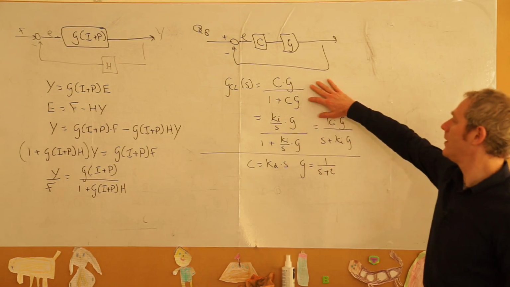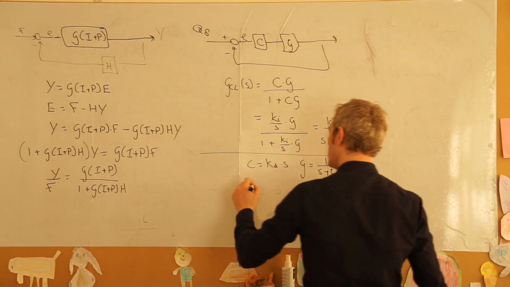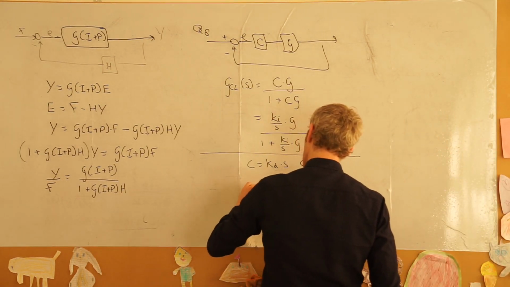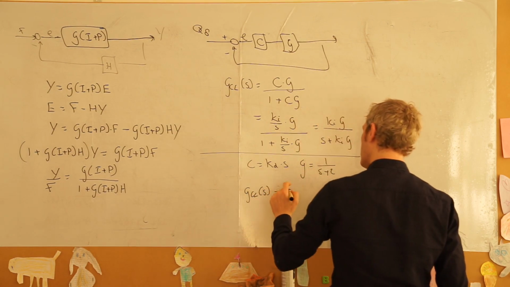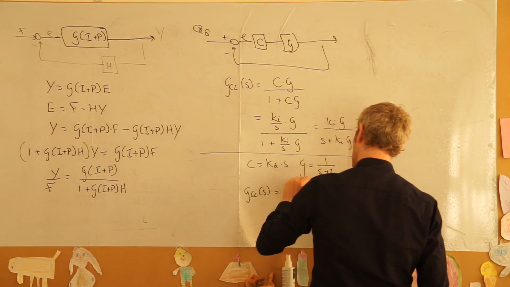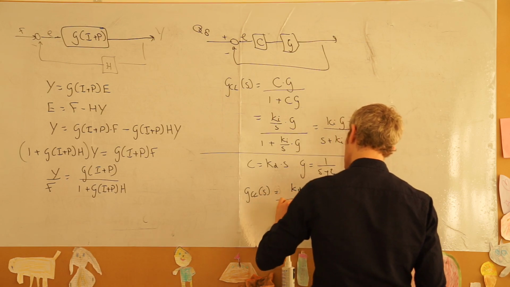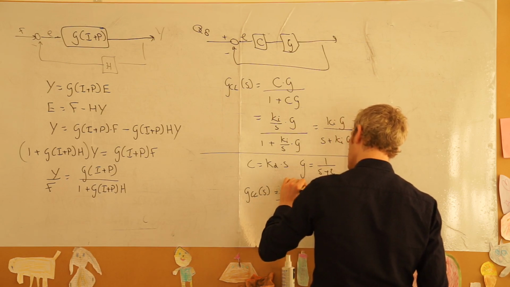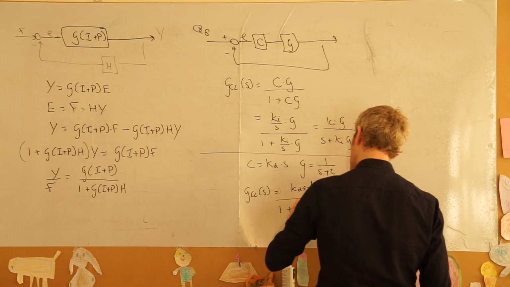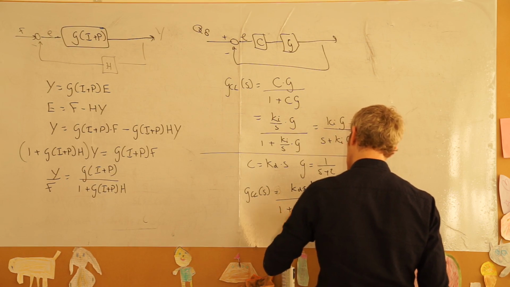And we can fill in this system again, is equal to Kd times 1 over S plus 2 over 1 plus Kd times S over S plus 2.